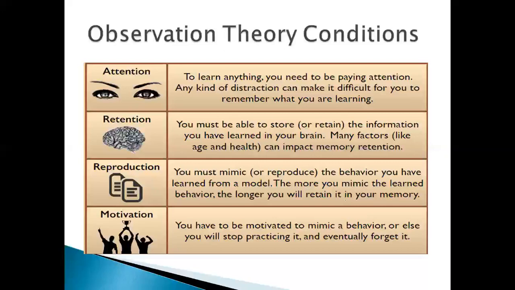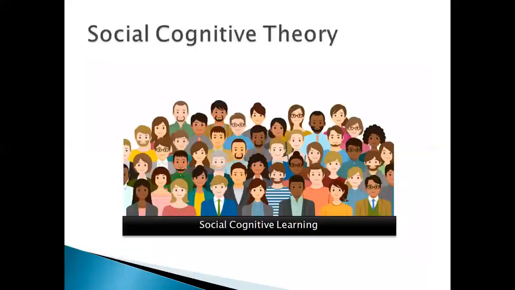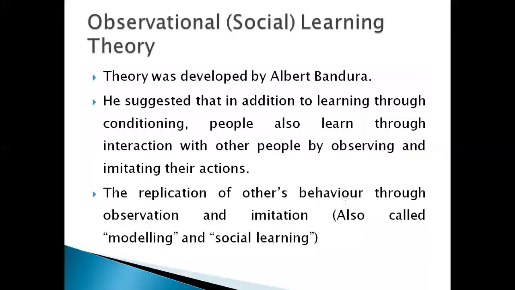So this is about the observation theory. It is a simple theory. It says that people will learn from observation, whether it is a cognitive one or a conditioned one.